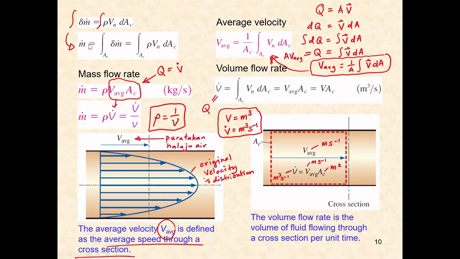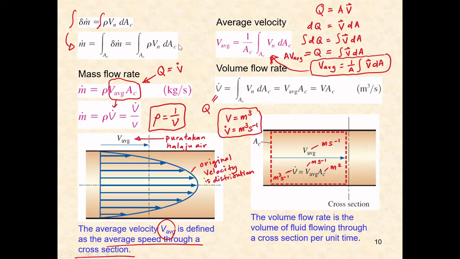We will get the mass flow rate equals the integration of the changes of the mass flow rate, which also equals the integration of rho v, where v is the velocity normal to the area, dA.